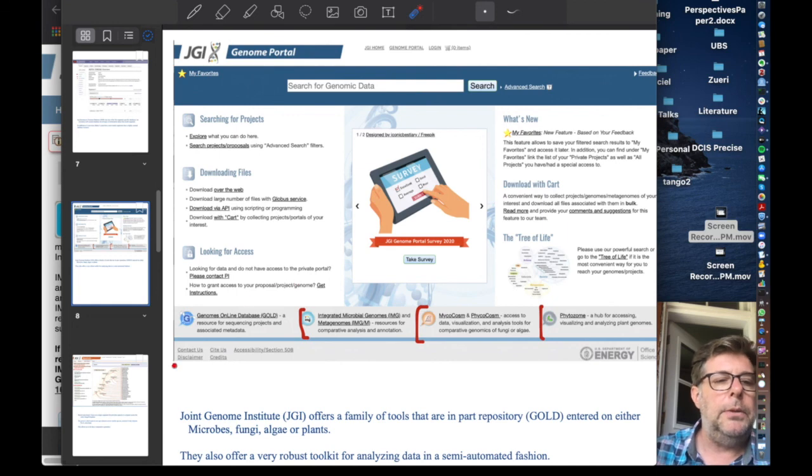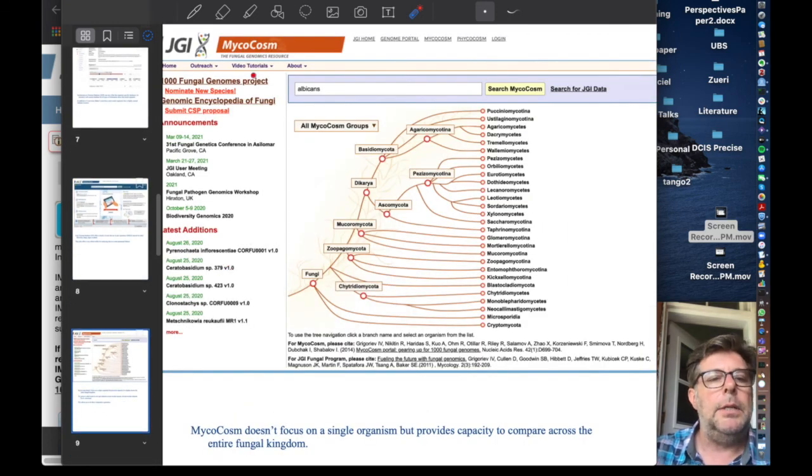And I can show you this slide here, which is the MycoCosm. This is the genome database for fungi. What's nice is that there's a good level of curation of this information that makes sense.